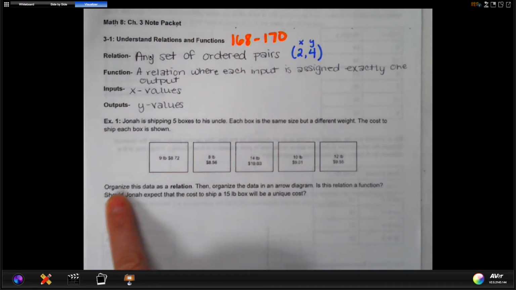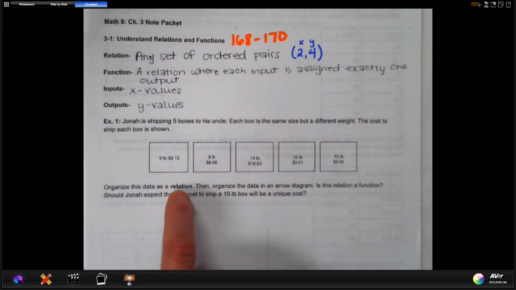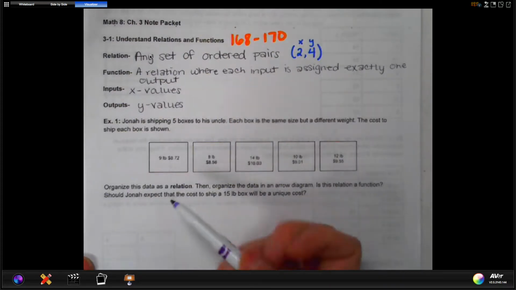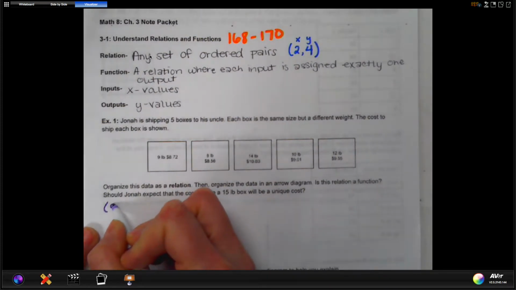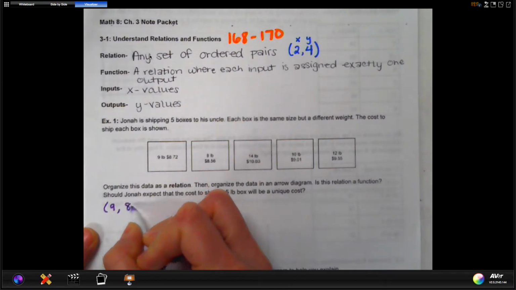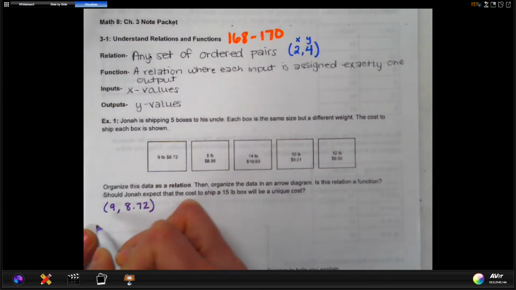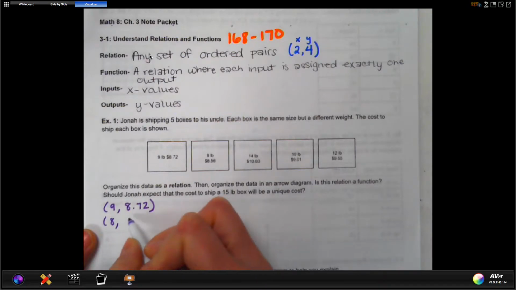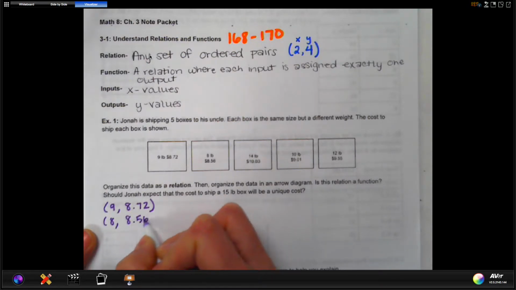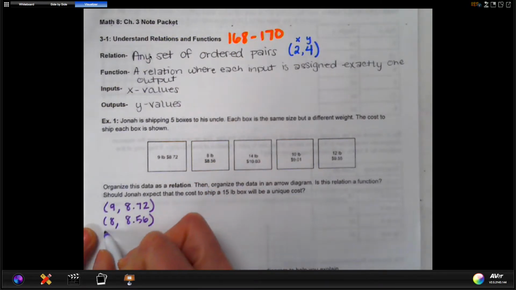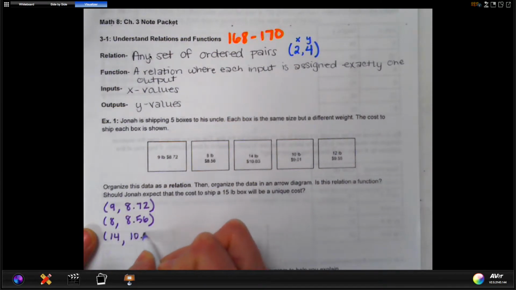Okay, so organize this data as a relation. What that means is we just need to set these up as ordered pairs. For example, it would be 9 comma 872. And then 8 comma 856. I'm literally just putting this information in as ordered pairs. 14 comma 1003. 10 comma 901.